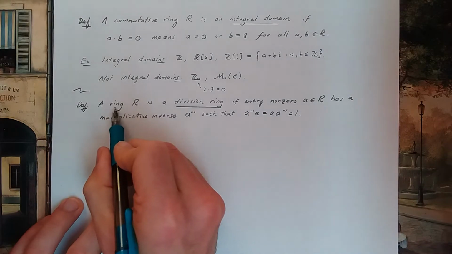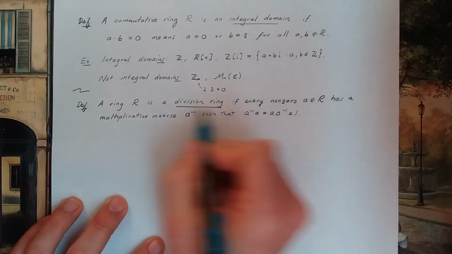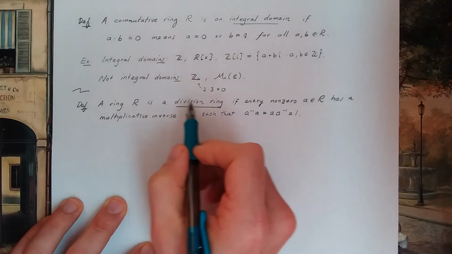Our rings, by definition, have 1. So that's the definition of division ring.